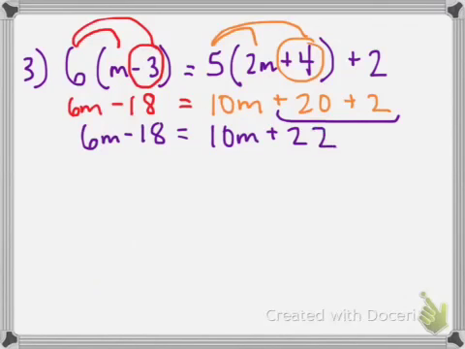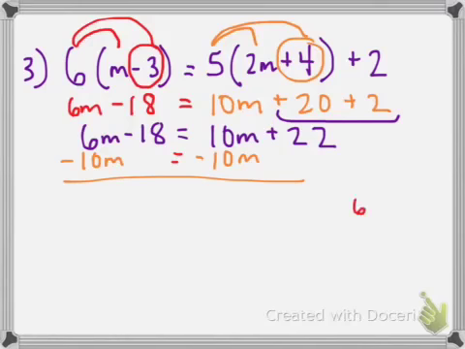And then after that, my next step, I want to get the variable terms on one side. Usually on the left side, it's easier to visualize it as an equation we already know how to solve. So subtract 10m from both sides, so minus 10m. And then I'll keep my equal sign here. 6m minus 10m.